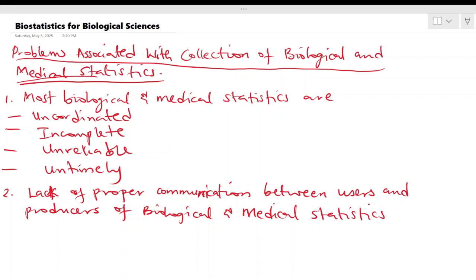Another problem is the lack of cooperative attitude on the part of respondents. They always don't cooperate, especially when you want to get vital health information. They become suspicious.